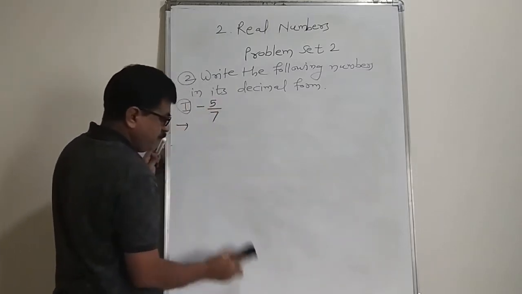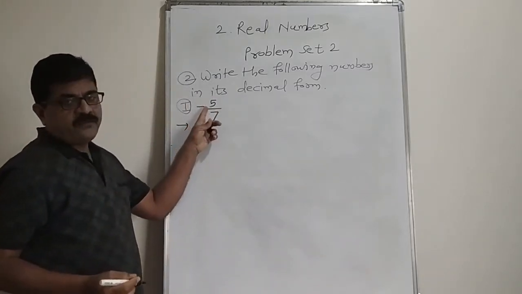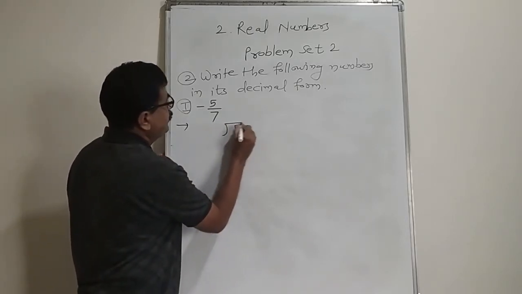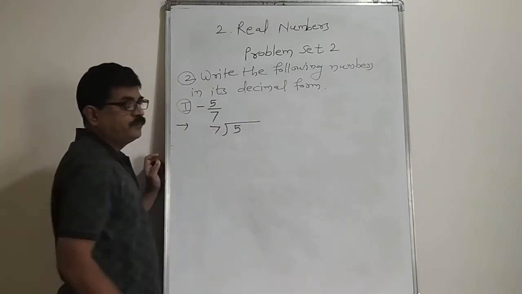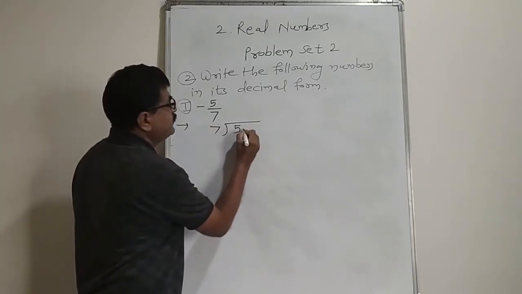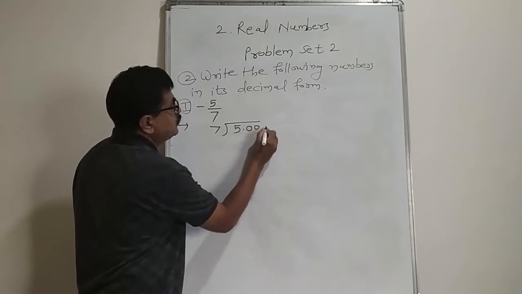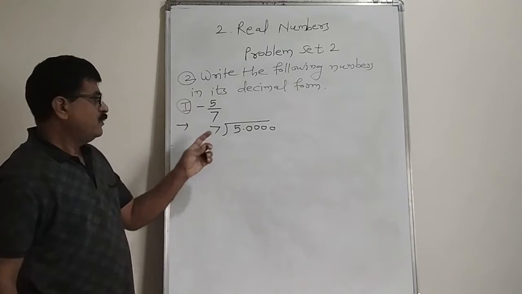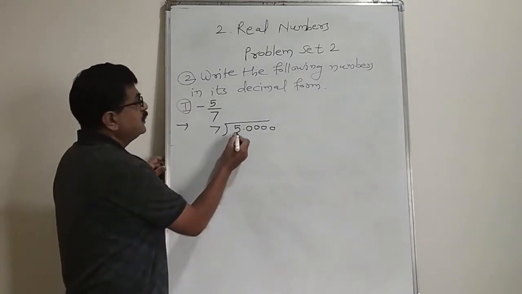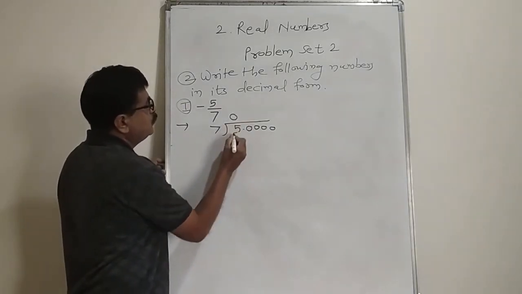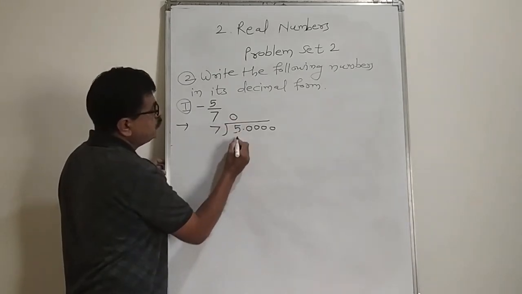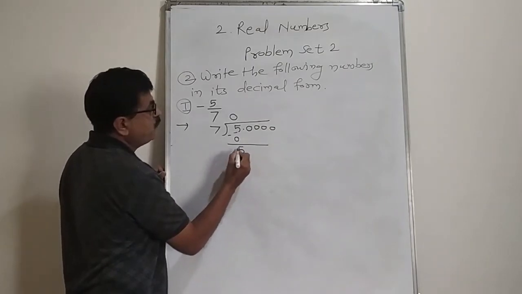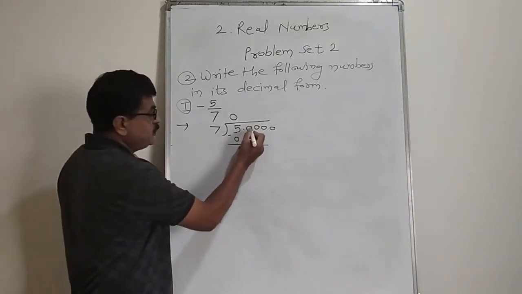Therefore, we have to divide 5 by 7. Now 5 is written as 5.000 and so on. Now first the quotient digit is 0, taking multiplication. 7 into 0 is 0, taking subtraction here. 5 minus 0 is 5, taking 0 here.